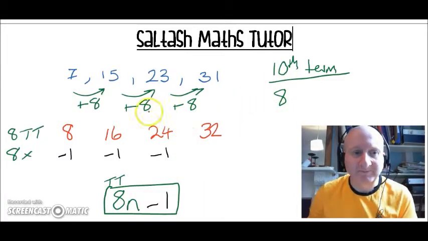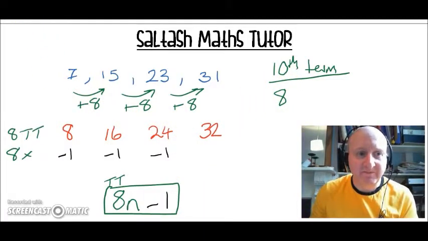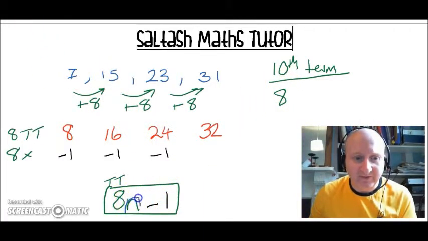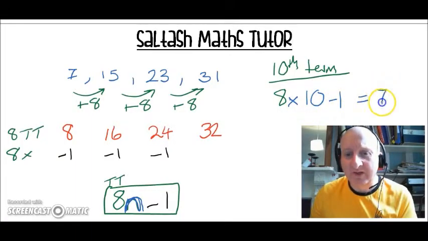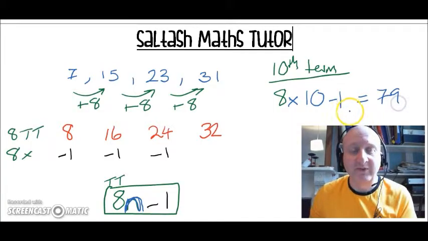So that relates to this n here, which means I now put in times 10, and then I take away 1. Well, the answer to that is 80 take away 1, which is 79, and that's the 10th number in this particular sequence.